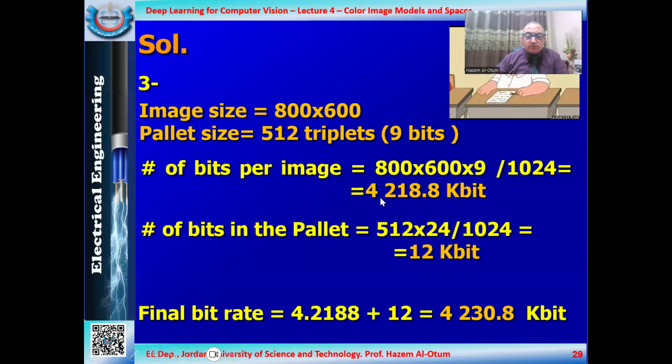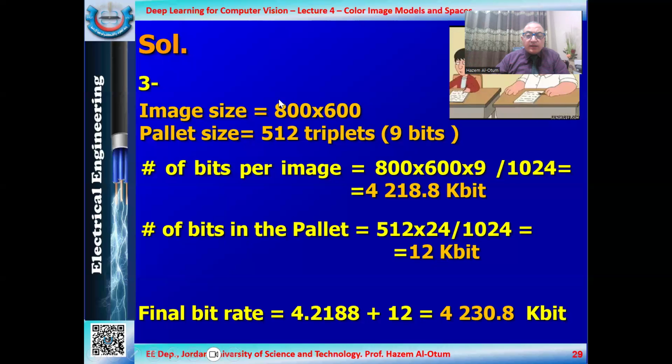This will give us, as you see here, around 4 megabits, plus the size of the palette, which is 512 rows having true color, 24 bits, and this will give us 12 kilobits. So the total size will be just around 4.2 megabits.